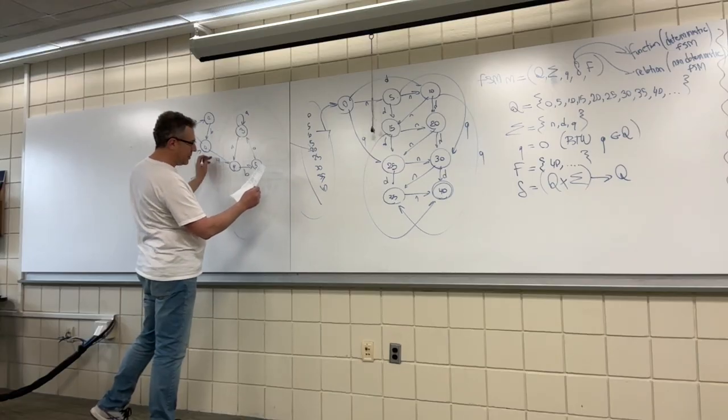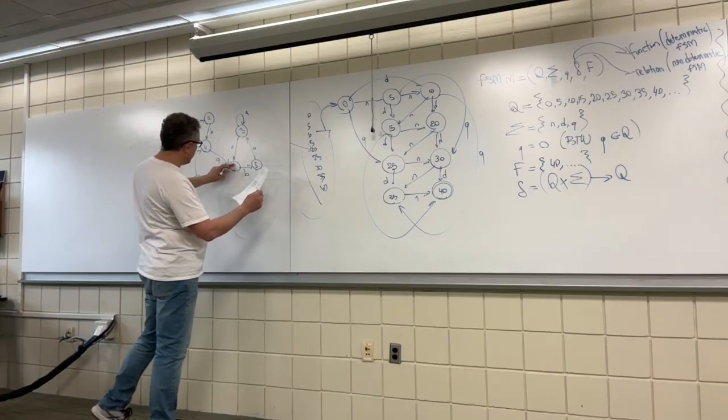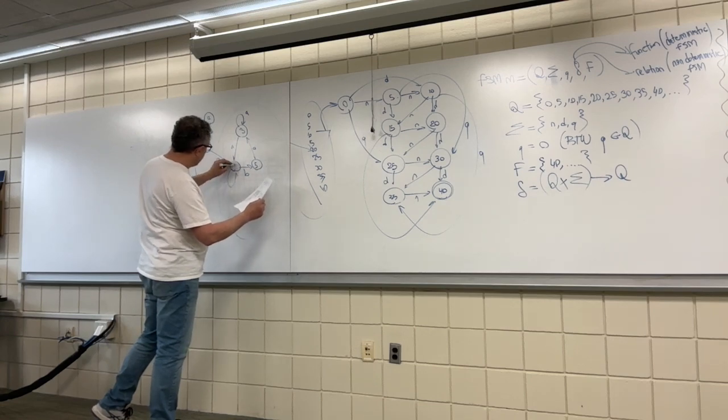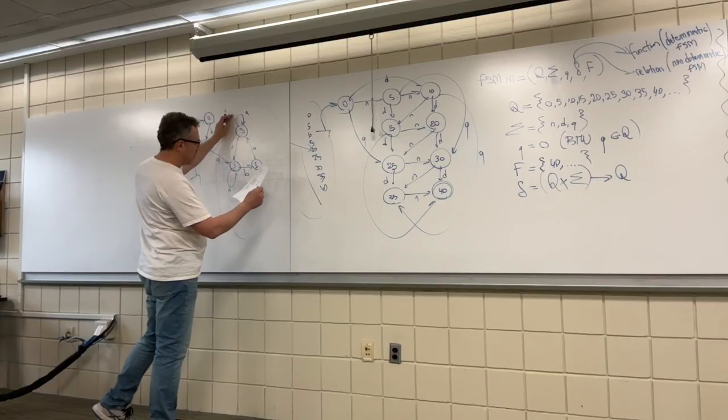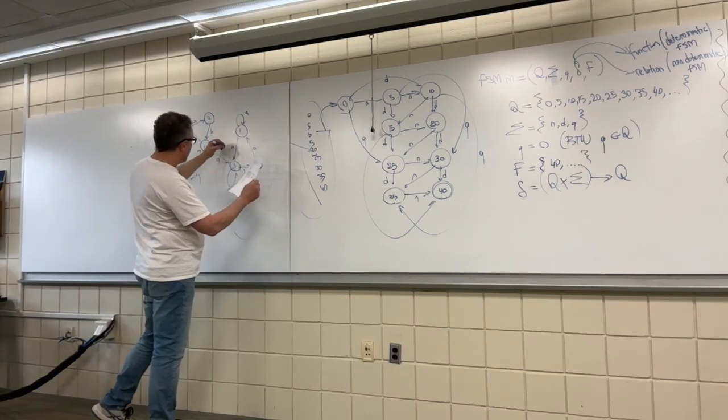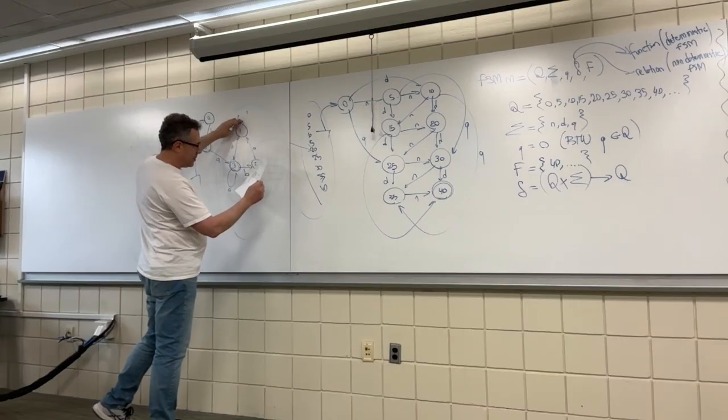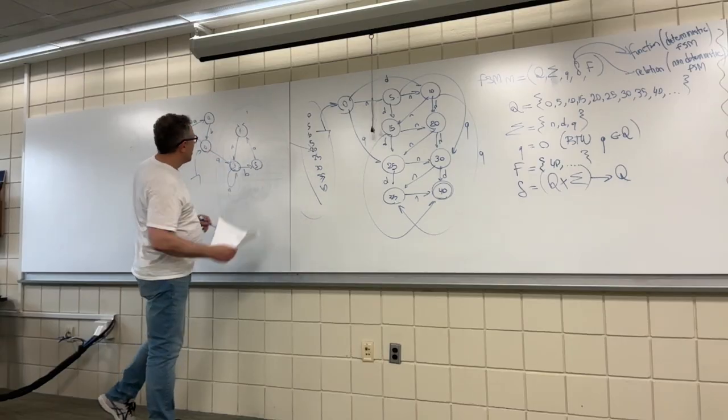No, I messed this up, so it comes to A, this is 3. This is the final state. This would be 4, and that's 5. So 3 goes to 4 with an A. There's none of this. And then 5.